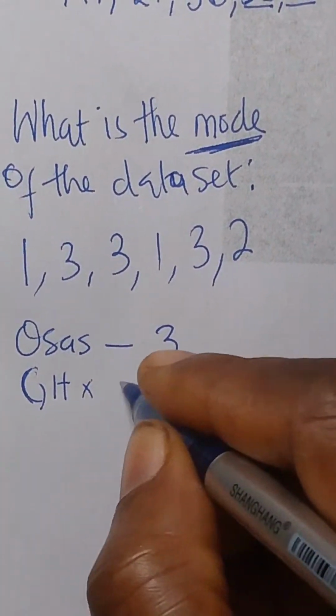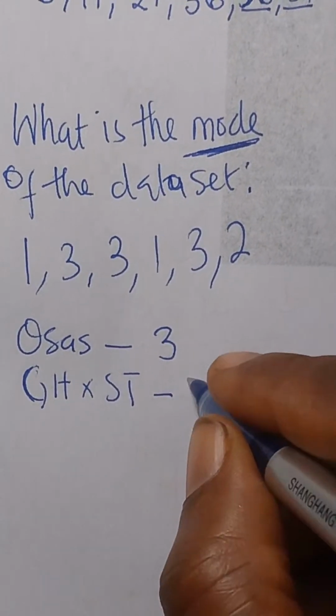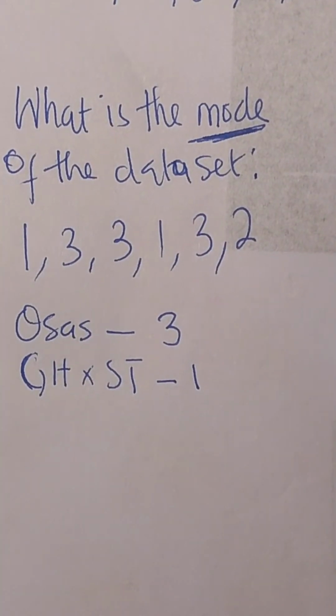GH times ST. This one you're solving and you're crying. What is going on? Okay, you said 1. Okay, let's go. More answers, please.